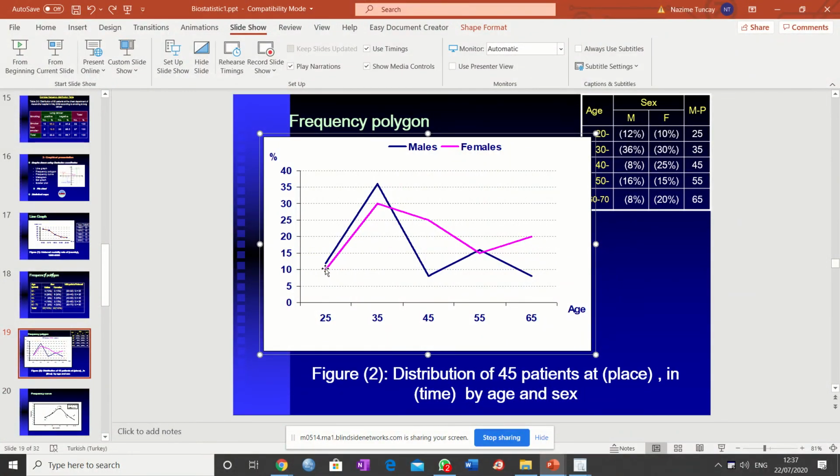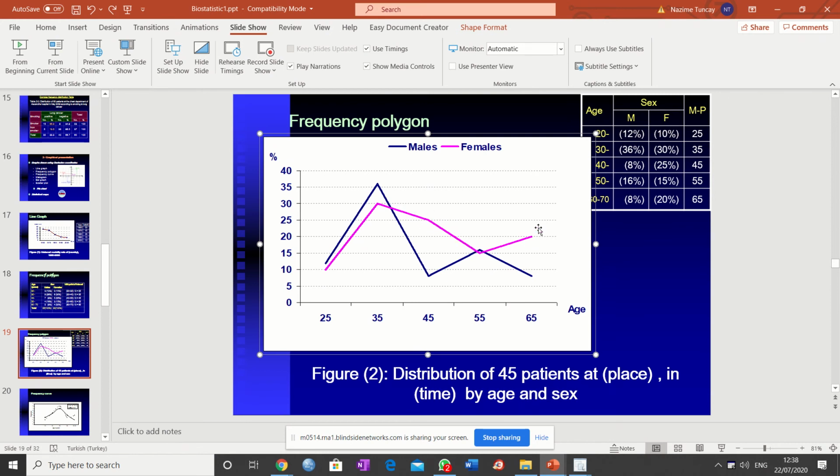For example, this purple line shows the distribution of females. So you see that from here until here, females are lower than males. And the male patients here around 45 are fewer than females. You see that the purple line is above. So here male patients are fewer than females because the purple line is above.